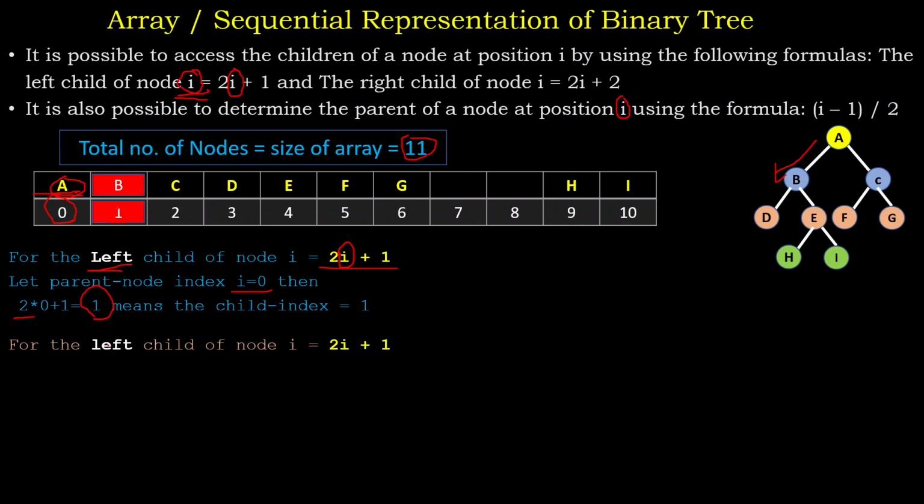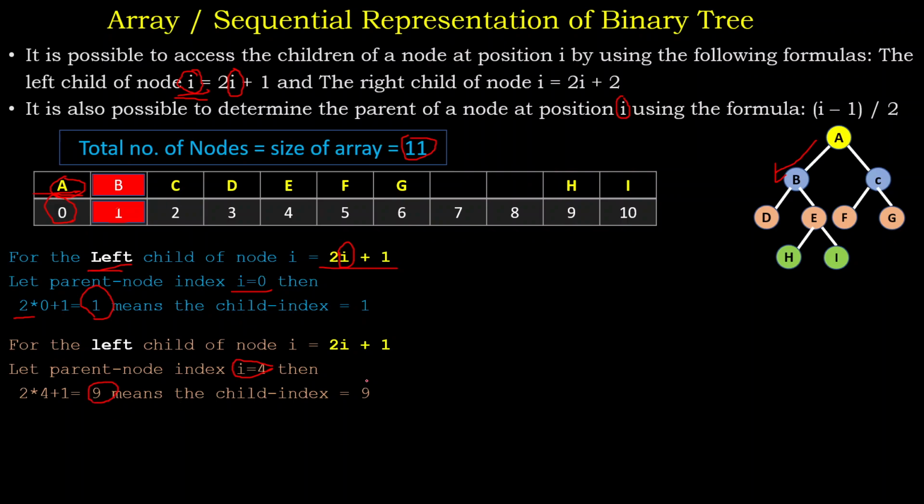Next we can find the left child if the parent node is different. Suppose I have taken the parent node as 4. When you calculate for parent node 4, it gives 9.